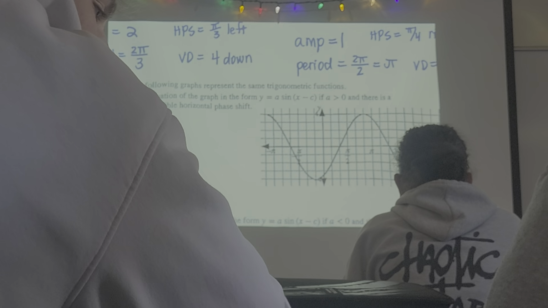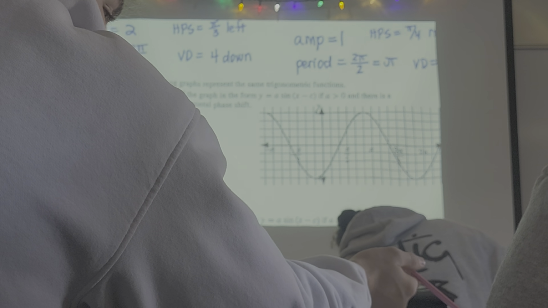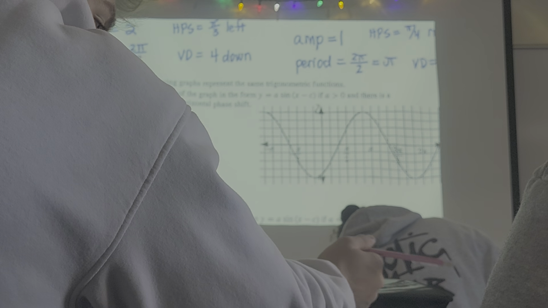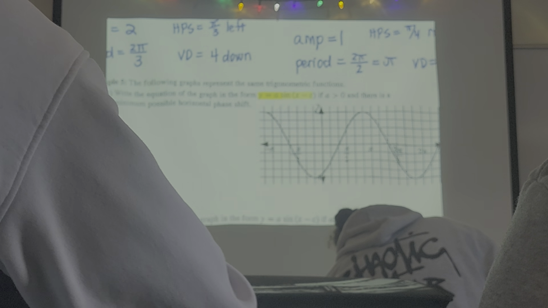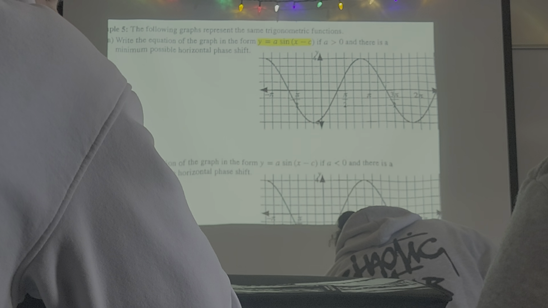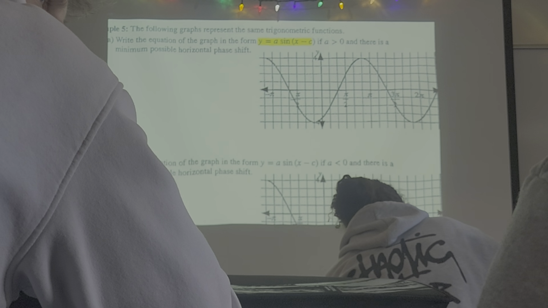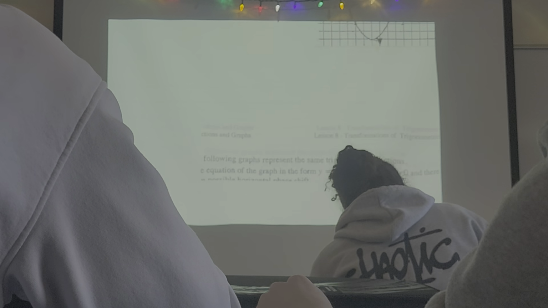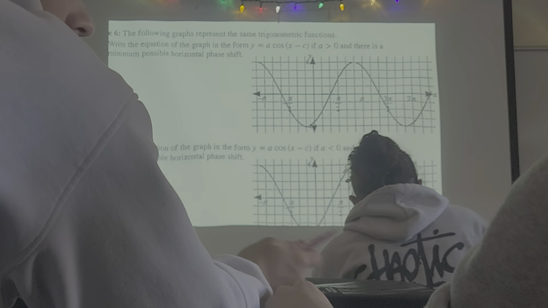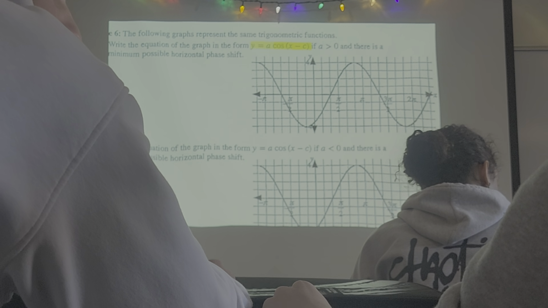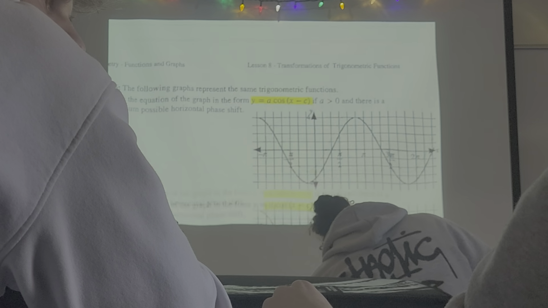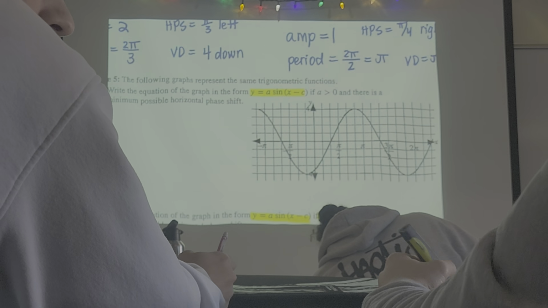We are going to do the same graph with a couple of different variations: a sine graph, then a sine graph with a reflection, and then the same graph as a cosine graph. We're going to come up with different equations for these graphs.